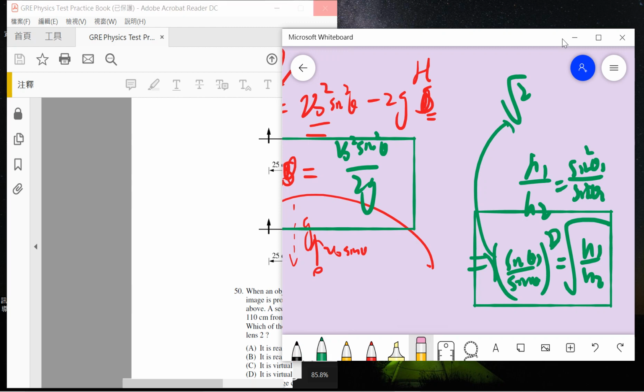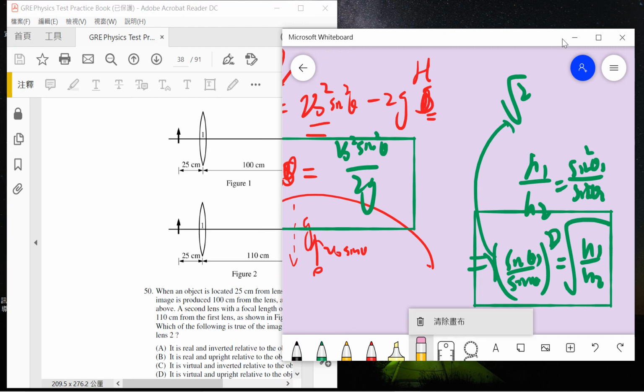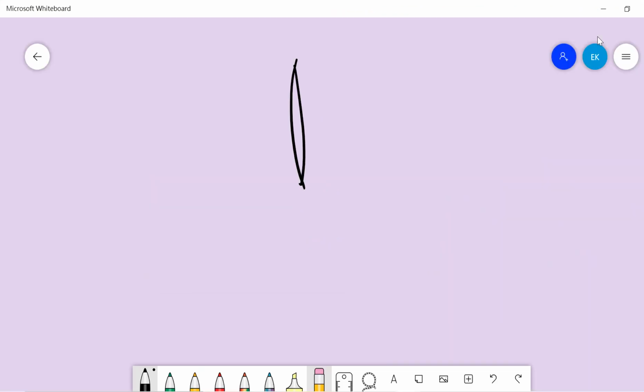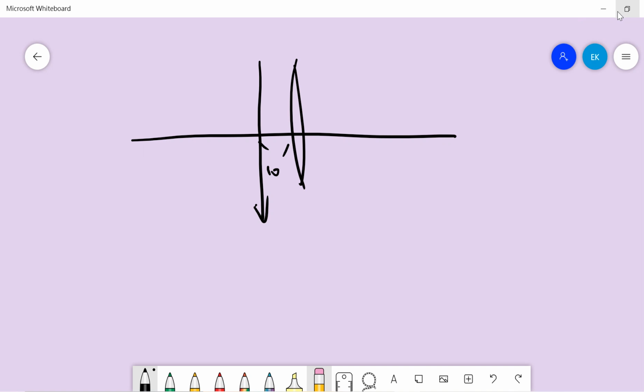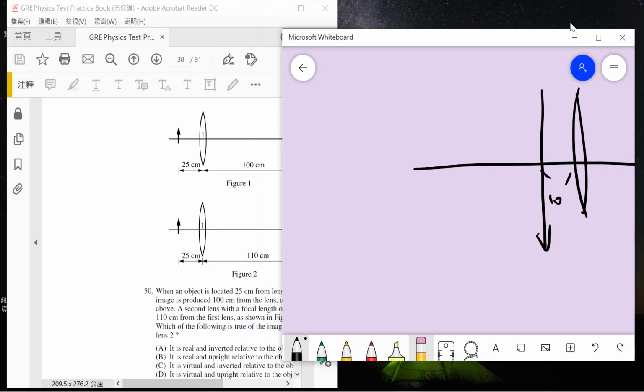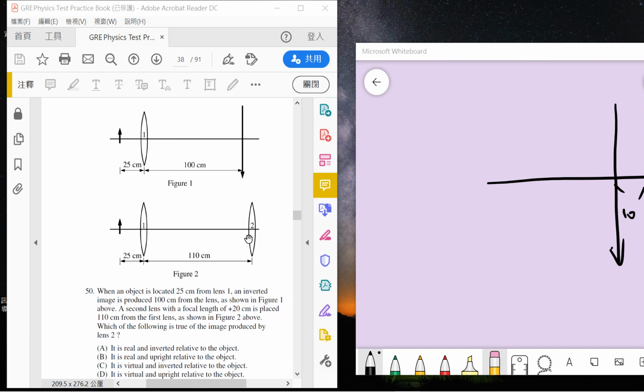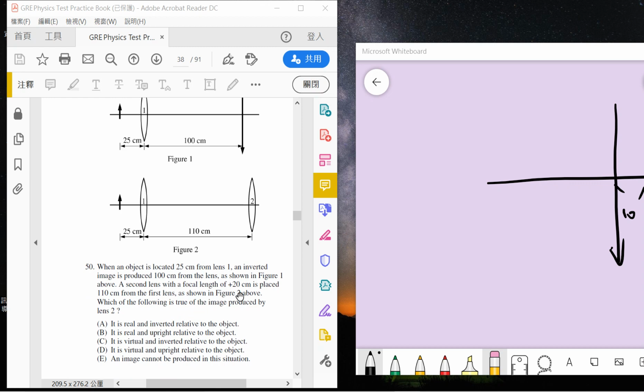So this can be solved by the lens formula. Basically, you have a lens, and there's one object which is 10 meters from lens 2, and I tell you that the second lens has focal length 20.